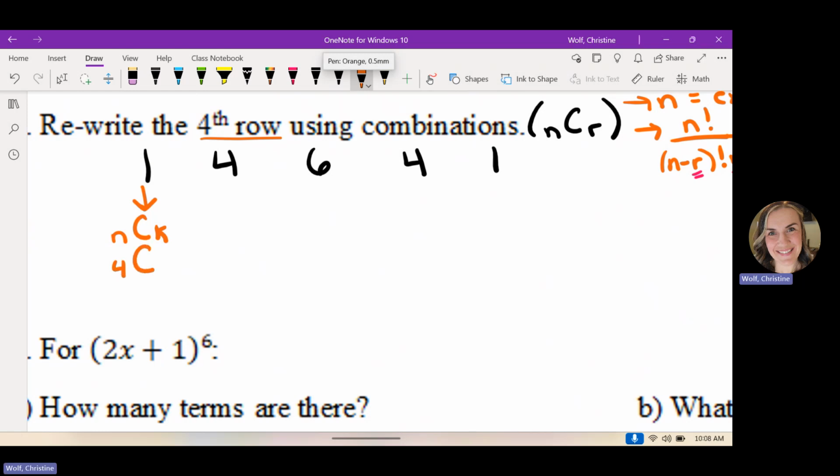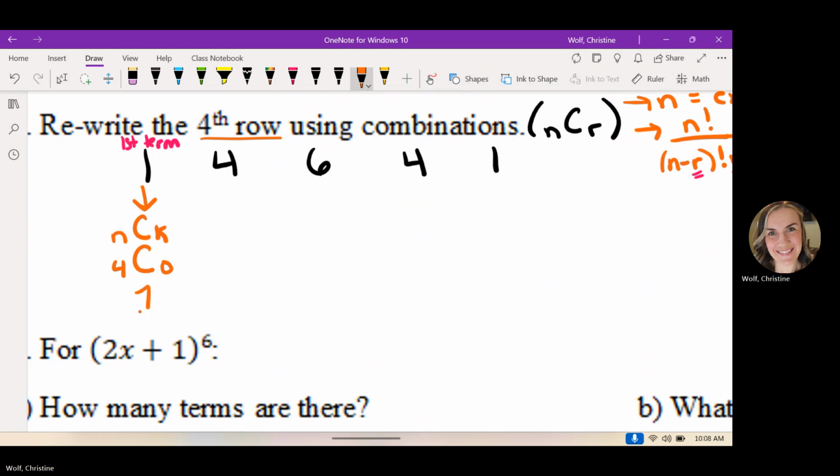And then K is 1 less than the term you're looking for. Well, this is the first term, so 1 less than 1 would be 0. So on your calculator, you would press 4C0, and you should get the answer of 1.